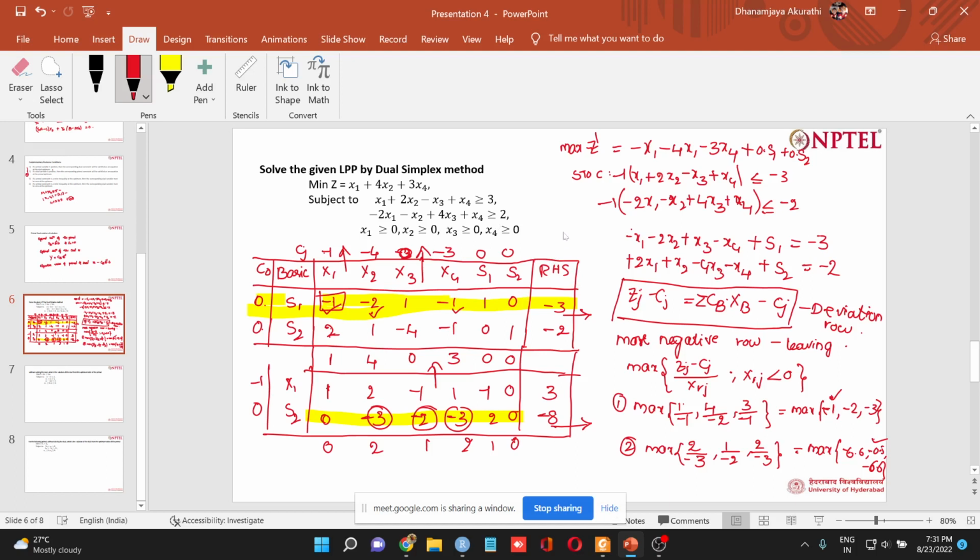We assumed that given is the primal, then we can say what the solution of the dual is. As discussed previously, CB into B inverse would be the solution for the dual case. Here CB is whatever coefficients we had in the last iteration, and B inverse means, since the initial basic variables are S1 and S2, whatever matrix we obtained in the basis would be the B inverse. Then multiply those, and we can get the solution for the dual case.